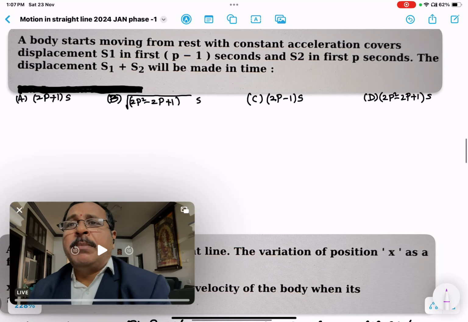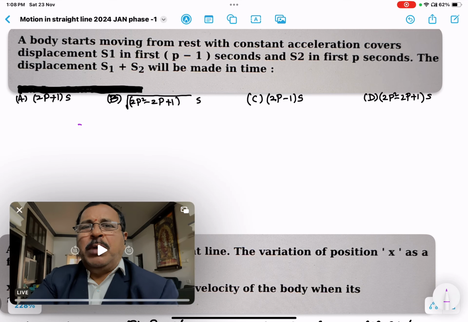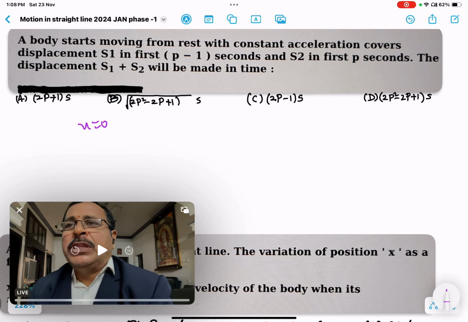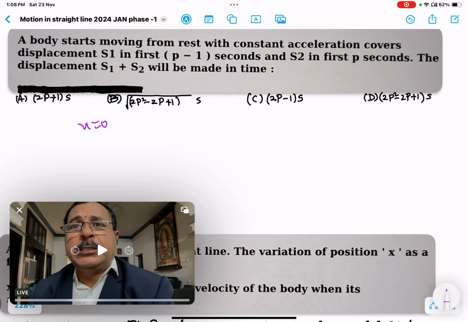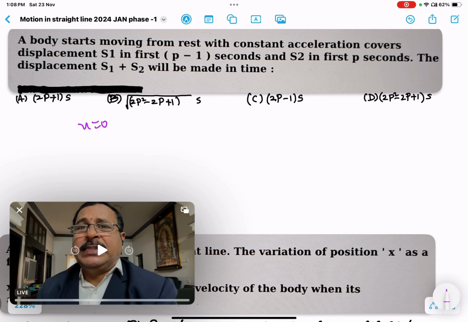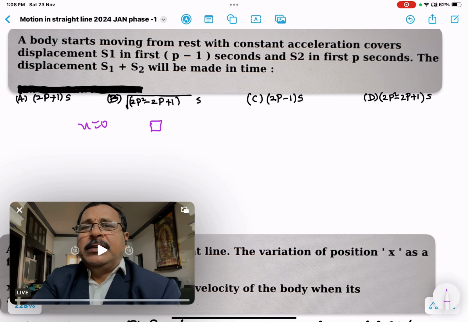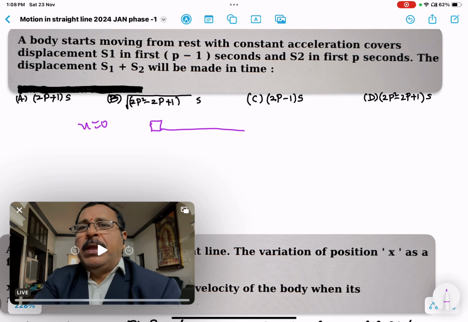A body starts moving from rest, so u equals 0 you can put here automatically. With a constant acceleration it covers displacement s1 in the first p minus 1 seconds. You see, this is the object here. In the first p minus 1 seconds, that is t equals p minus 1 seconds, it covers S1 distance.